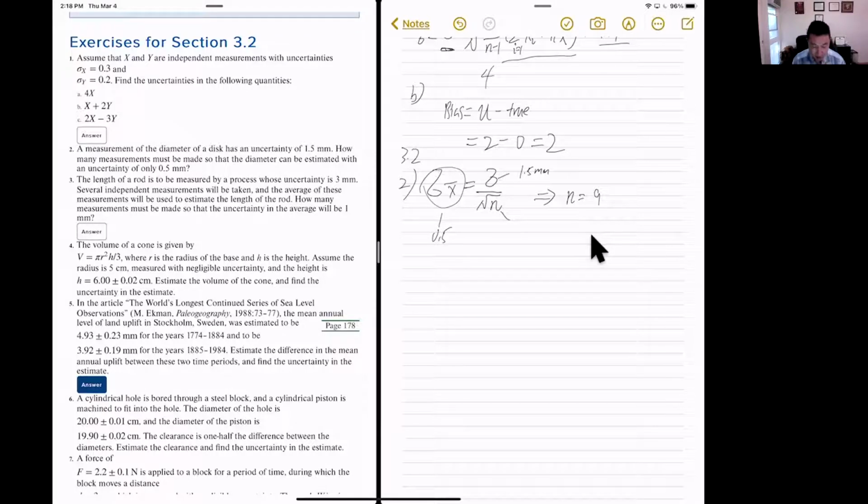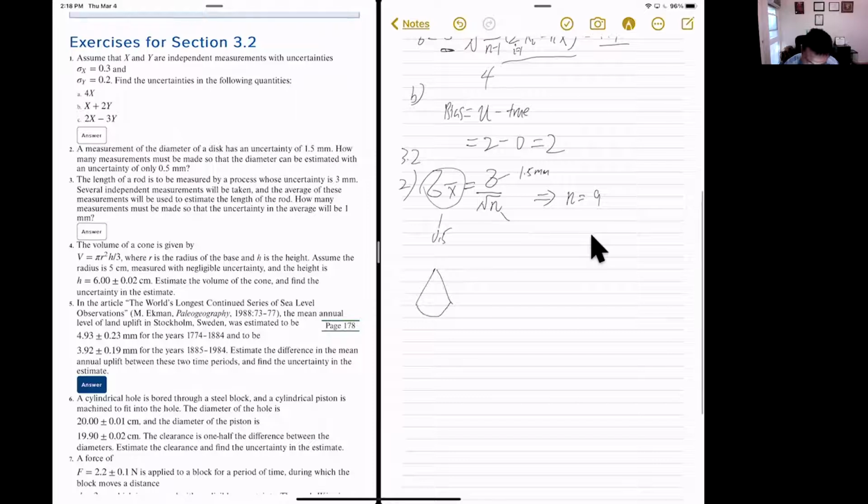R is the radius of the base. So the volume of the cone is a function of the radius, and h is the height.